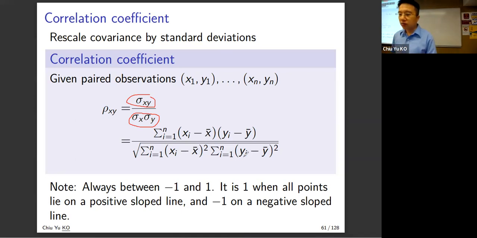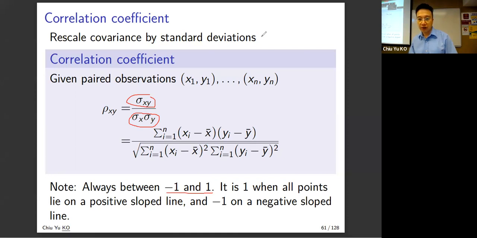Second thing, and more importantly, this measure must be between -1 and 1. I'm not proving it; it involves what we call the Cauchy-Schwarz inequality, but it's always between -1 and 1. And the good thing is when it's 1, it means everything is perfectly on the line.